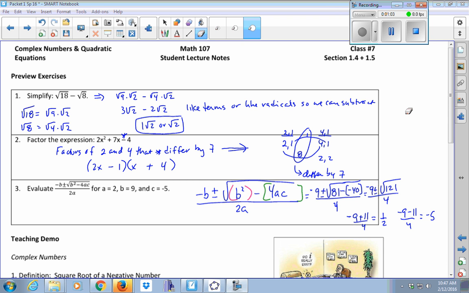The reason I did this is I wanted to point out a couple of things to you. This just comes from years of observing errors that students make and trying to think, is there any way I can help you? One thing right away, I'm going to erase this for a minute and write it a little differently, like this. Notice, instead of just writing b squared, I've got b in parentheses, and I'm using a color to emphasize that.